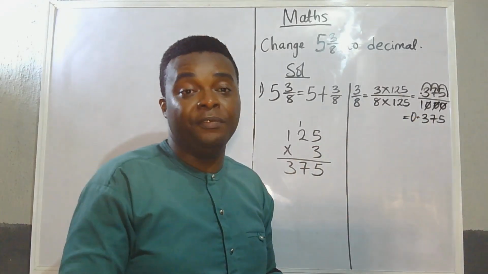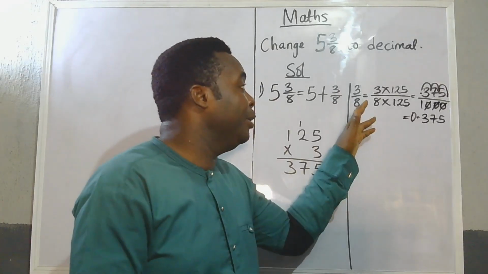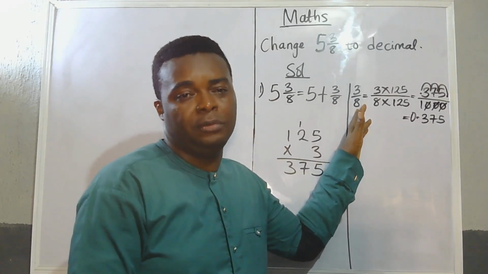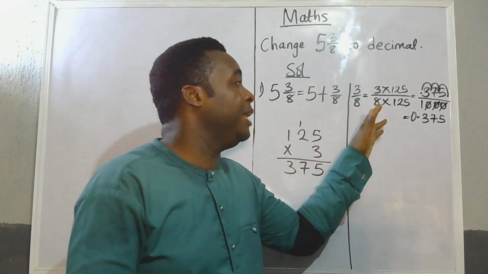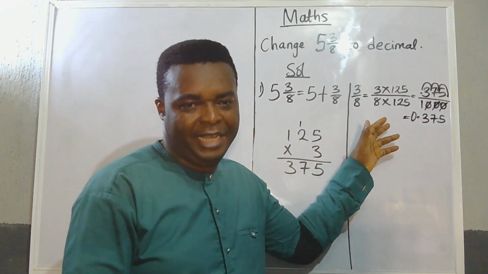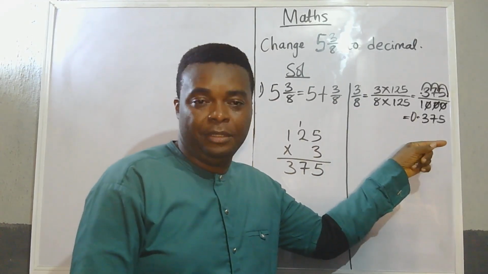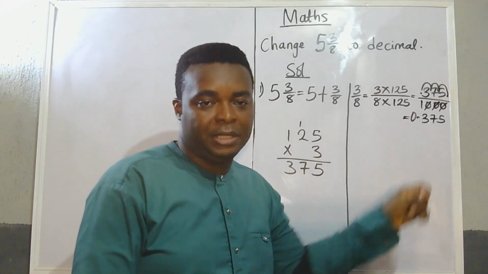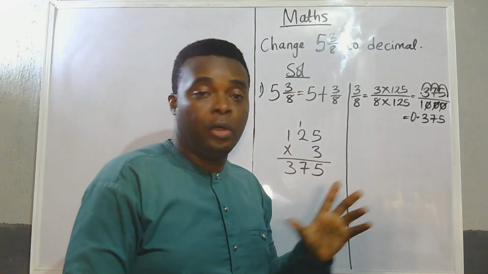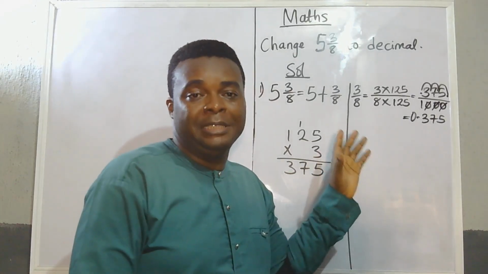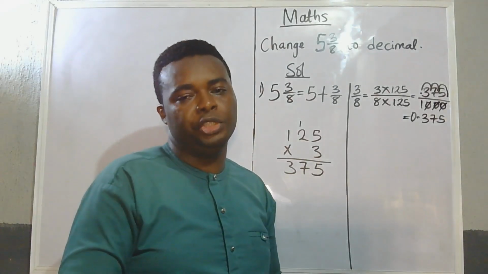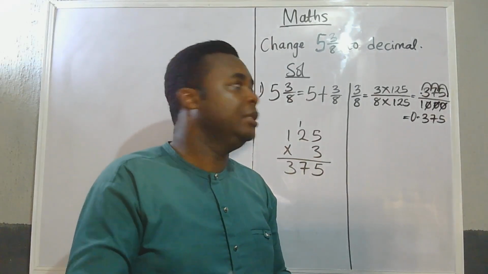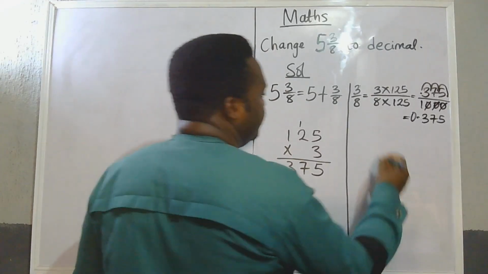Take for instance, if your denominator happens to be a number like 3 or 7 or 9, there is no whole number you will multiply with those figures 3, 7, 9 to give you either 10 or 100 or 1000. So for those kind of fractions with such denominators, the second method that I'm going to show you will work for it.